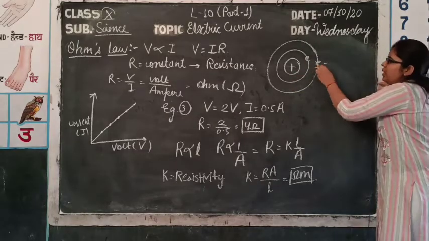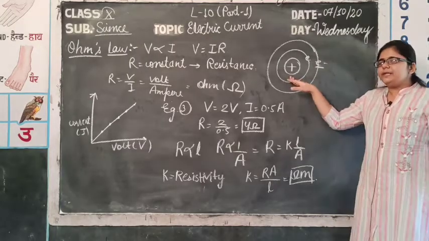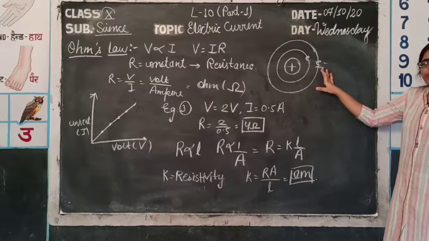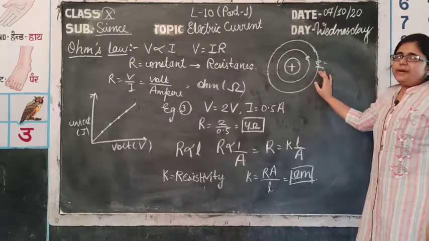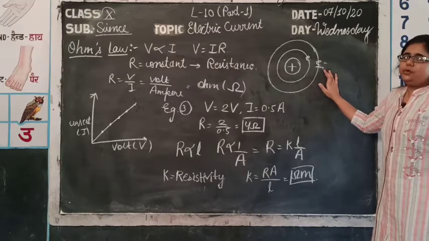The electrons in the outermost orbit are not influenced very much by the nucleus, so they are weakly attracted by the nucleus and are almost free to move. By thermal energy or by external potential difference, these electrons have the capacity to move.